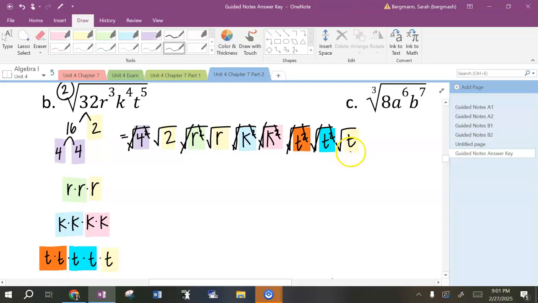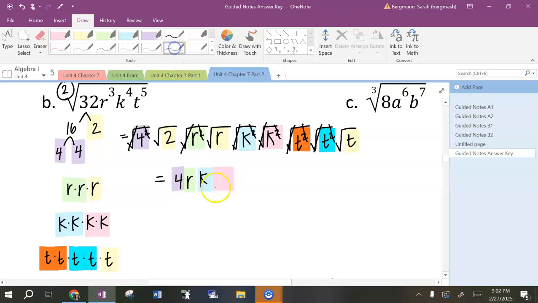Let's rearrange everything so that we have everything without a radical in the front and then anything with a radical in the end. Because we know the order of multiplication doesn't matter. So we can rearrange this. We'll make it 4. That's the square root canceled out. R has the square root canceled out. That blue k has the square root canceled out.